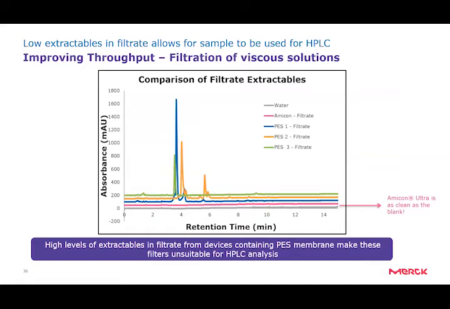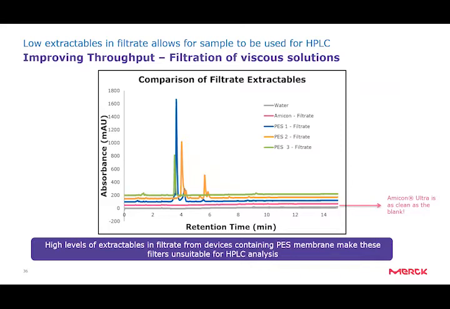Earlier, I talked about the Amicon Ultra devices that can be used for removal of polymeric excipients. Here is an example of an extractable chromatogram from a regenerated cellulose-based Amicon ultrafiltration device, compared against various ultrafiltration devices available from different vendors which contain polyether sulfone membrane.